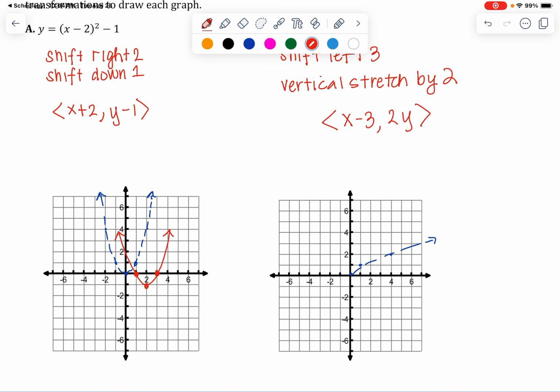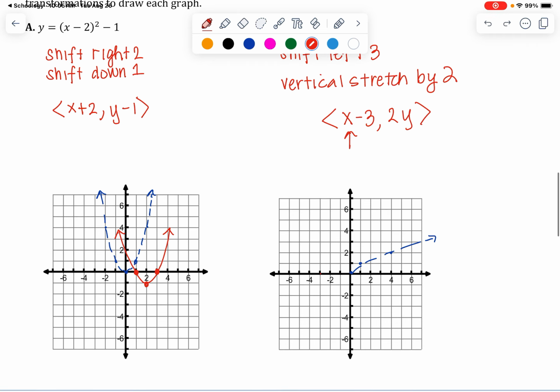So 0, 0. You could plug 0 in here, plug 0 in here. You can look at it however you want. It's 0, 0 being moved, so it's not going to be that difficult, right? So it's left 3, and then multiplying 0 by 2 doesn't do anything. So right there. Okay. And then our point of 1, 1, if I plug in 1 here and 1 here, that is negative 2, 2.